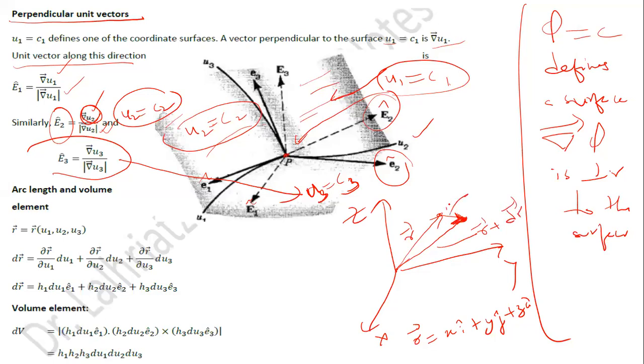So this dr vector is called a small change in the position vector. This is called an arc length. So dr vector in this case will be dx i plus dy j plus dz k.